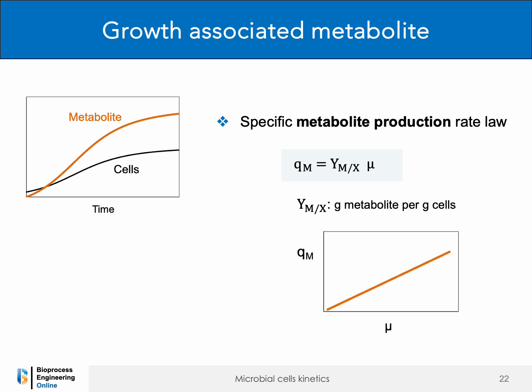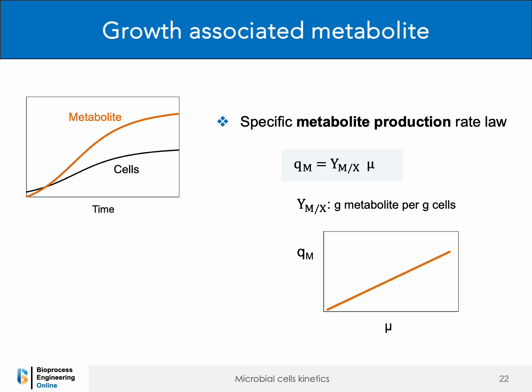The production of metabolites or recombinant proteins can occur during different growth states of microbial cells. Growth-associated production is the simplest, though less common, scenario for metabolite production. For example, metabolites like ethanol or lactate are byproducts of cellular growth metabolism. In this case, metabolite production takes place during the growth phase and ceases once growth ends.